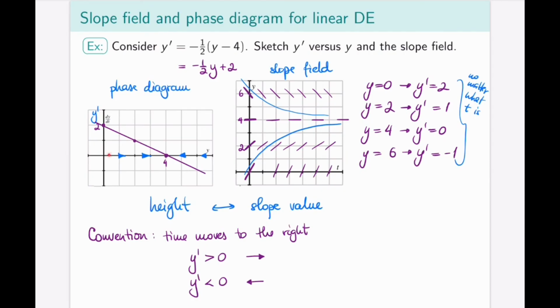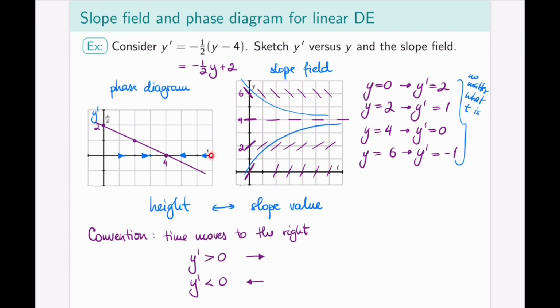There we go. And the reason behind this quick convention is that now I can see that, look, if you think of just dropping an ant on the horizontal axis here, and all the ant does is follow the arrows, then if the ant is dropped here, it will follow the arrows all the way to 4 and then stop at 4. This is equivalent to if I start on the solution below 4 here, the solution will lead me toward 4.